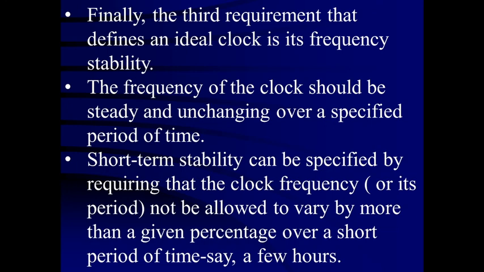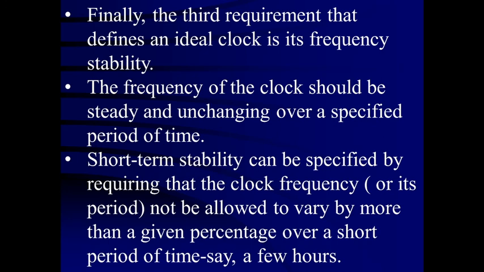Short-term stability can be specified by requiring that the clock frequency or its period not be allowed to vary by more than a given percent over a short period of time, say a few hours.